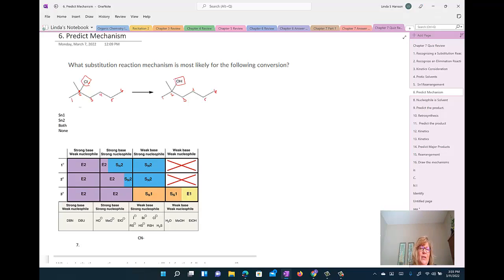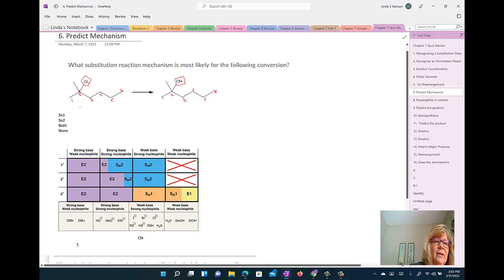So, all right, we know it's substitution. We can see here that the carbon attached to the leaving group is attached to 3 other carbons, isn't it? So this is what we called a tertiary substrate. It's a tertiary substrate.